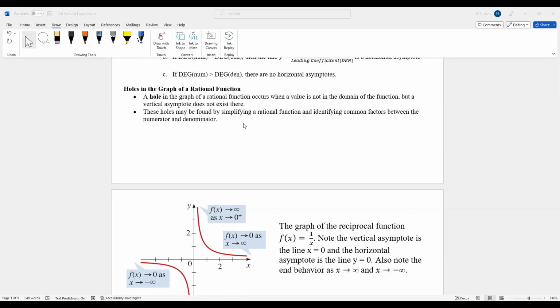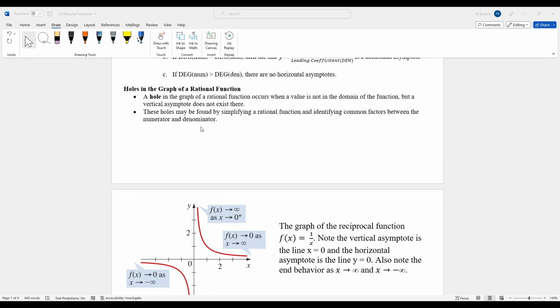If the numerator and denominator, when factored, have a common factor, which we'll see in a moment, the root becomes a hole. So you'll see here it says these holes may be found by simplifying a rational function and identifying common factors between the numerator and denominator.